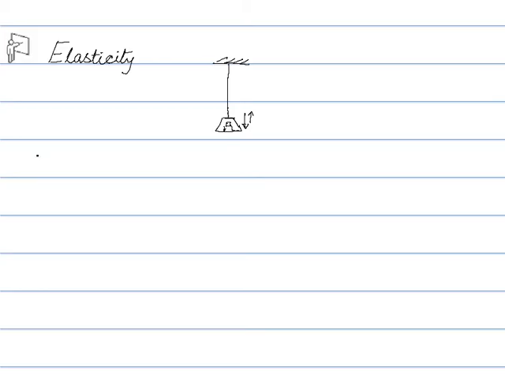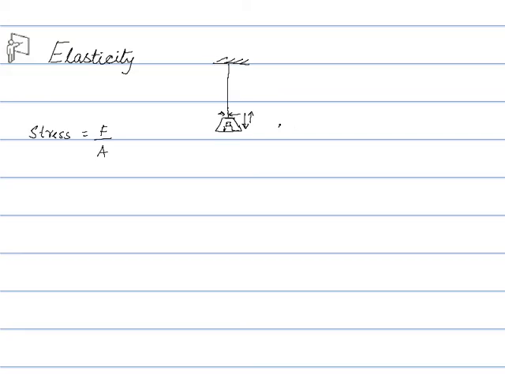Now in elasticity we define the term stress. Stress is defined as total external force per unit area. So here for this case, the area of cross section of this wire is pi r square, and force is equal to the mass put on that hanger.